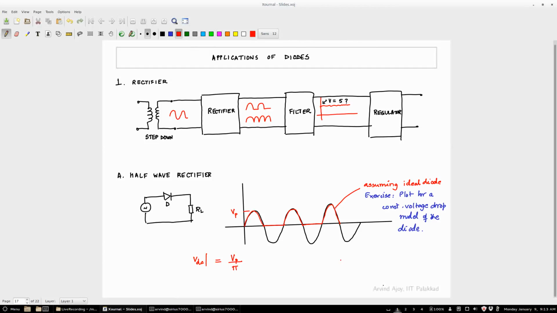Okay, do that. Now, what can you say about the DC component of V out? Does anyone remember what the DC component is? If I call the peak VP, you might have done this in school. Go back and check. It should be VP by pi. How will you calculate this?